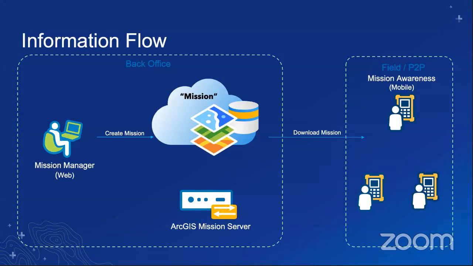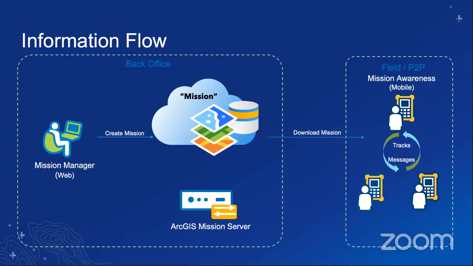Then this mission will be assigned to members in the field. Those members will be able to download the mission on the mobile application, and if the mission is active, they can start broadcasting their tracks and messages, and they can start communicating with each other.